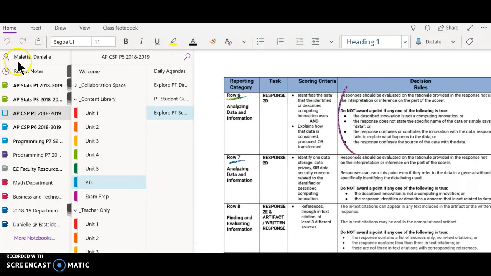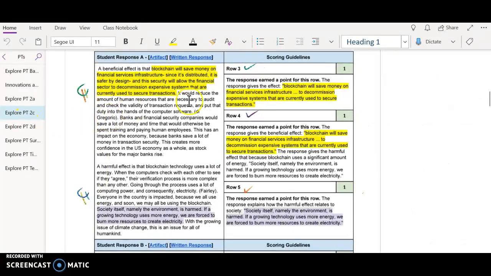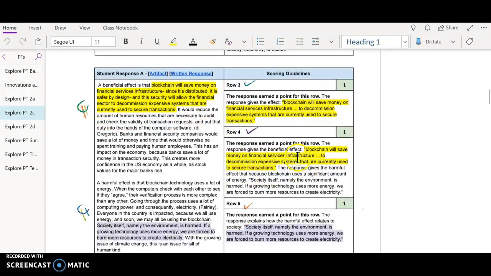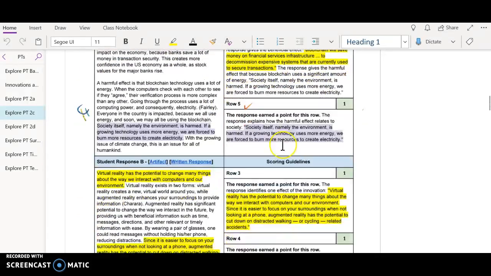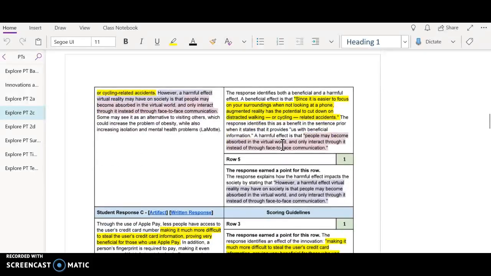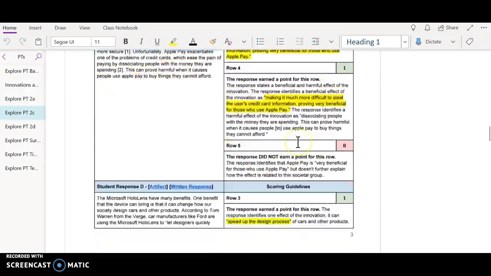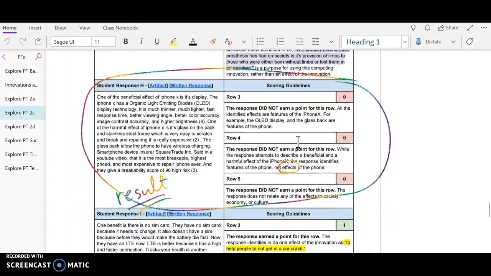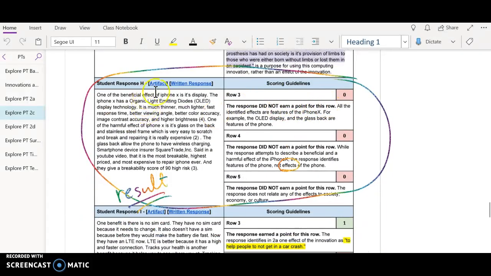So when you go back and look at some of these samples, this is talking about how did it score in row 3, how did it score in row 4, how did it score in row 5. And so these first few examples are good because they're ones that earn full credit. I think what can be more interesting sometimes is the ones that receive little credit.